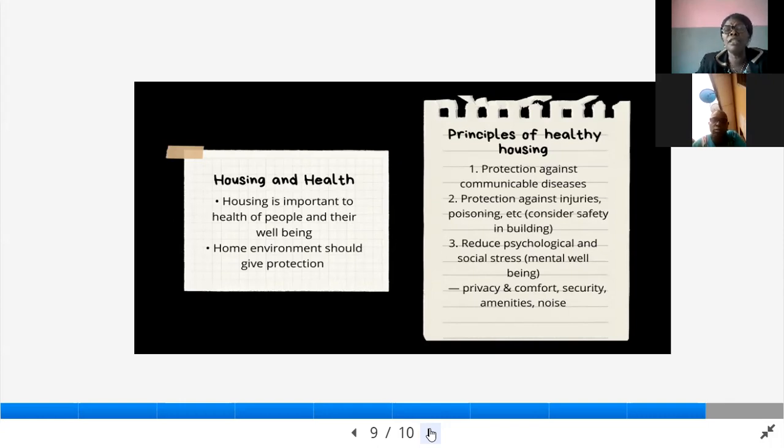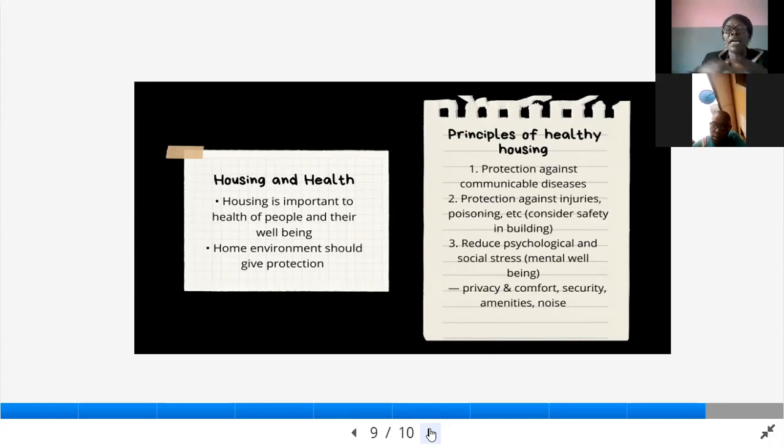They don't need their houses near a mechanical workshop. They don't need their houses in a market square, or in rowdy places. These are things that will help you to consider where you build, where you choose your house, because it adds to the health of the family. So the health of the family goes hand in hand with housing.